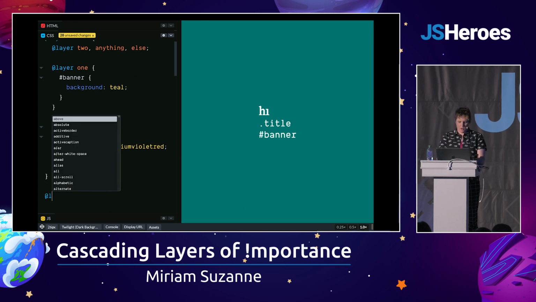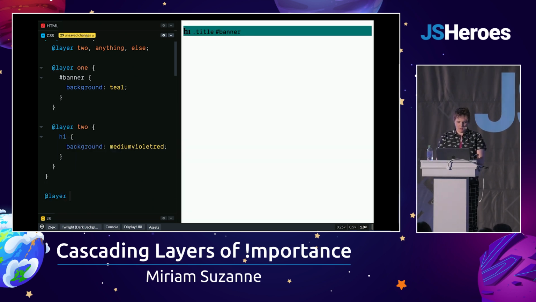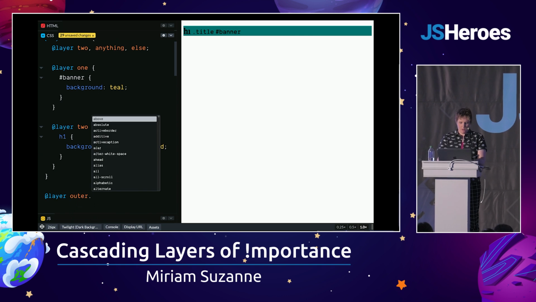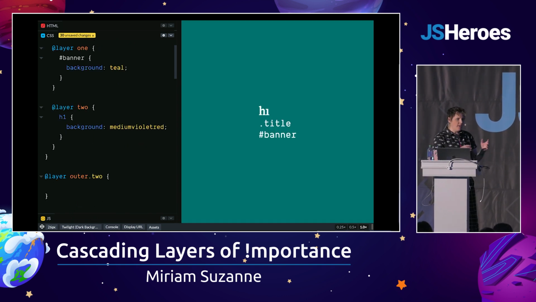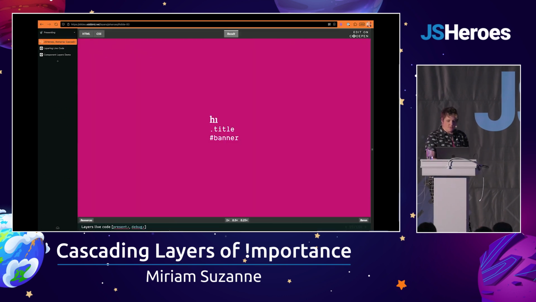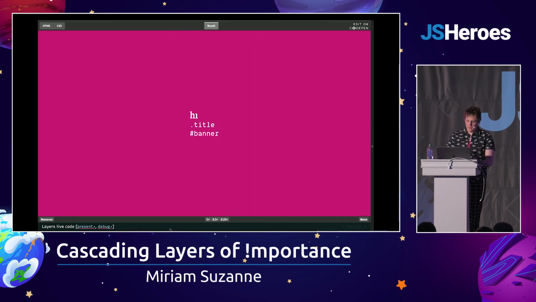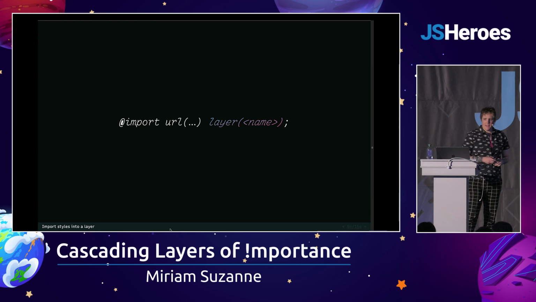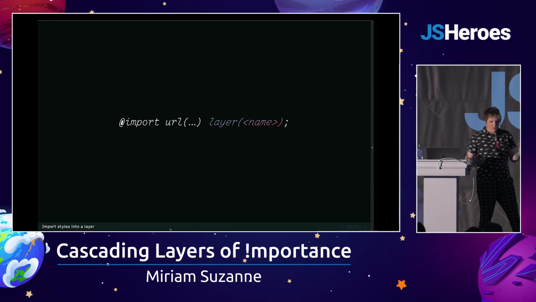But we can also access these layers from outside by saying outer.two, and we can add new styles to the outer.two layer or the outer.one layer. So we've got lots of explicit control now over the cascade importance of different things.